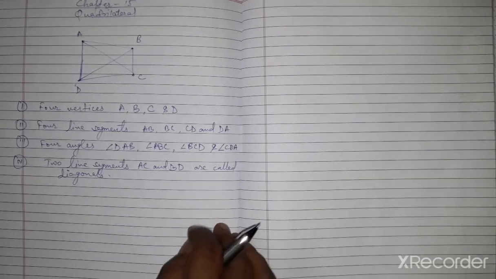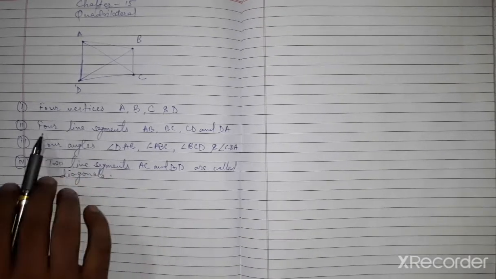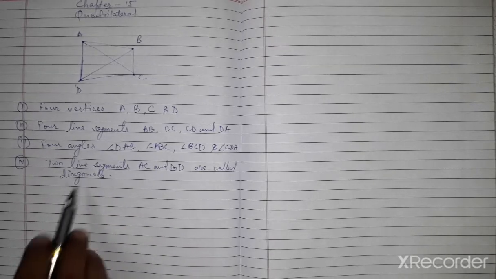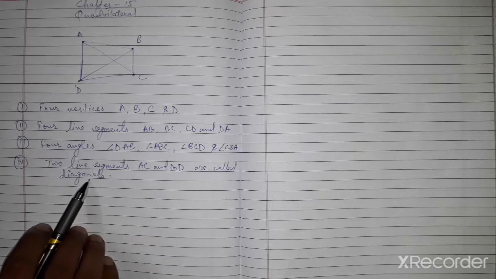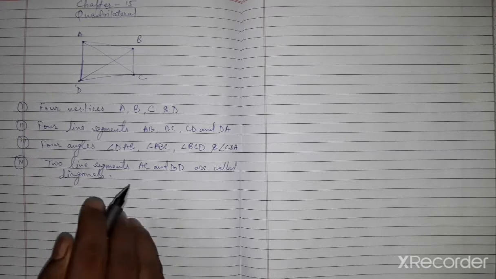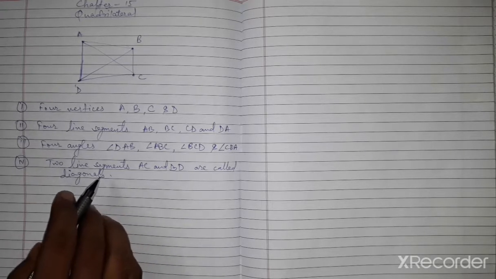So in a quadrilateral there are 4 vertices, 4 line segments, 4 angles and 2 line segments which are called diagonals. I hope that you have understood what is a quadrilateral.